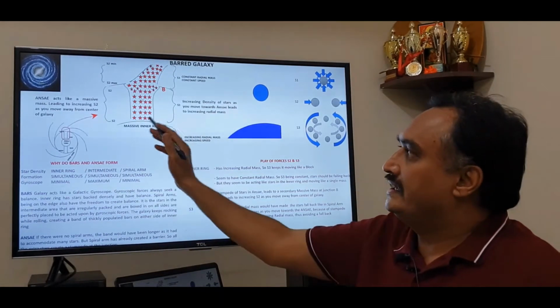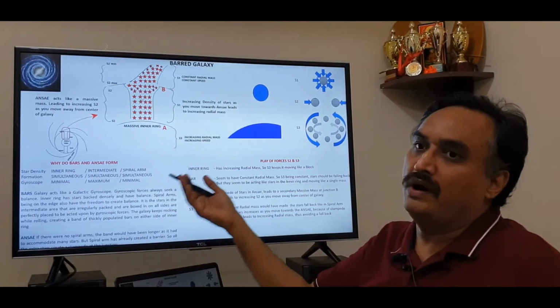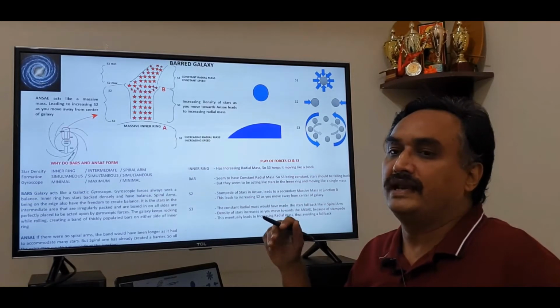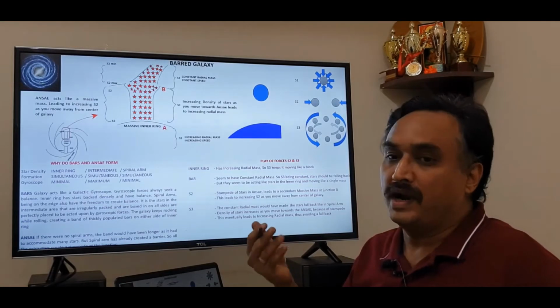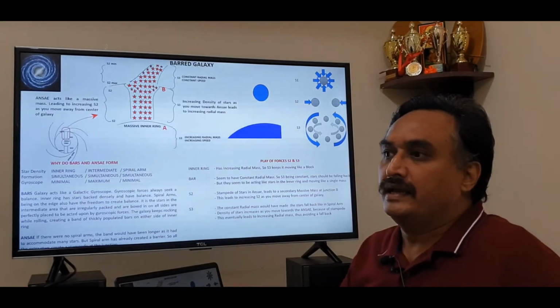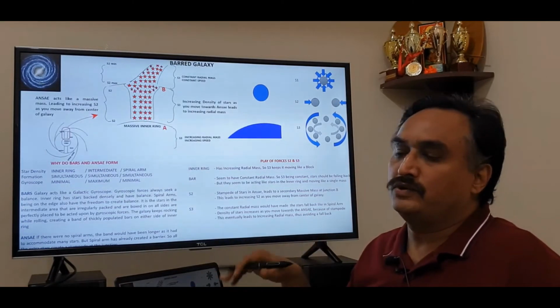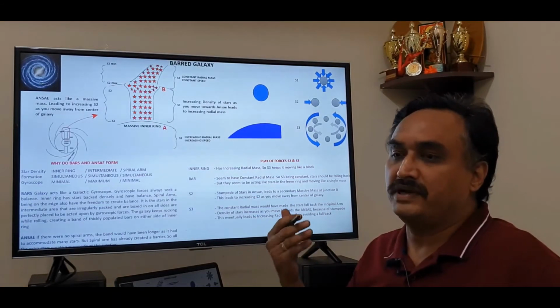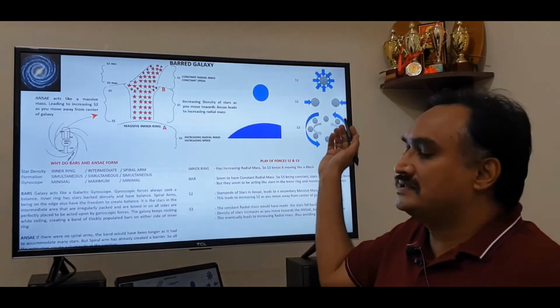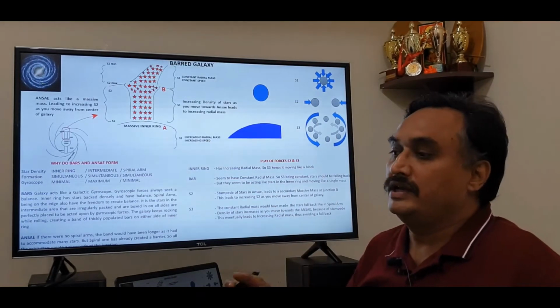As we had said, in the inner ring, as you move away from the center of the galaxy, just like in a non-barred spiral galaxy, the cumulative mass corresponding to that particular circumference is increasing, and hence S3, which is directly dependent on the mass of the system it is acting on, is also increasing.